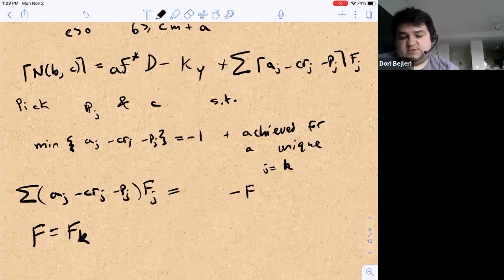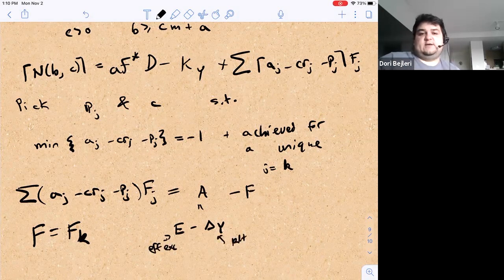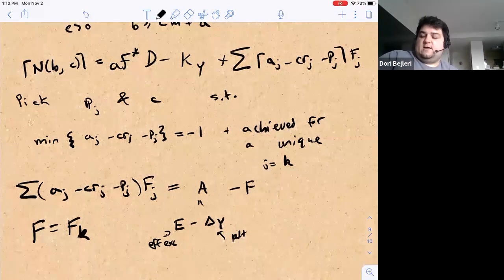And then just like before, we have some other piece, which we can write as, now because we're minus everything we had before, we can write this as E minus delta Y, where this is effective exceptional, and this is the KLT boundary. So this is exactly like before, except now that we have these p's in there, we have guaranteed that that f is irreducible.